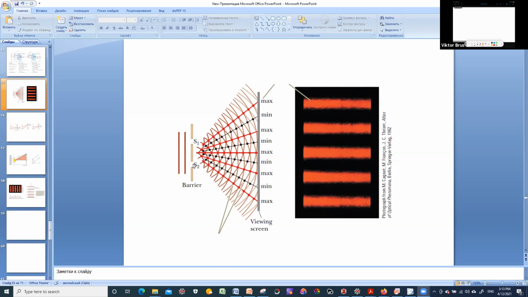We can have two point light sources that are not coherent, if the phase shift between the electromagnetic waves which they irradiate is changing over time.